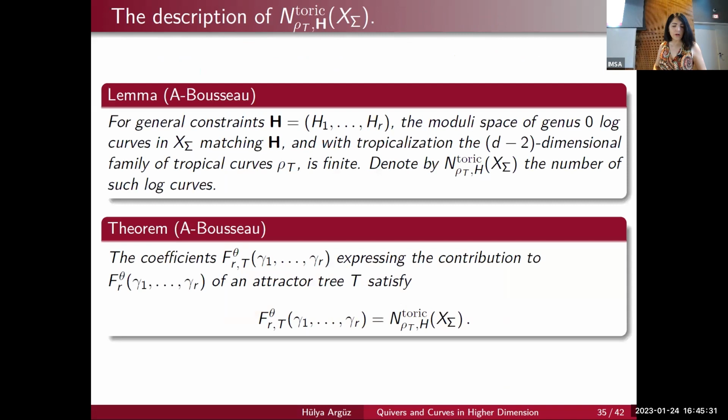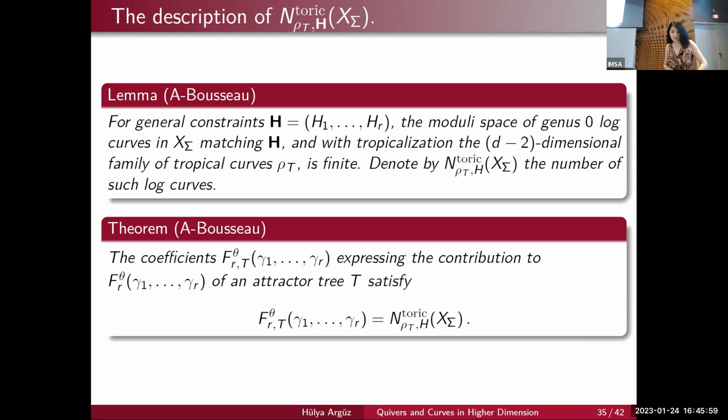So we show first, if you fix the general constraints, H_i's are given by hypersurfaces in the toric boundary. If you look at the moduli space of genus 0 log curves in the toric variety defined by the quiver that I mentioned, whose tropicalization is the (d-2)-dimensional family of tropical curves, then this moduli space is finite, and we denote by N^toric the number of such log curves.